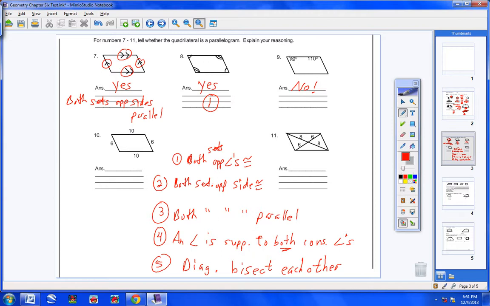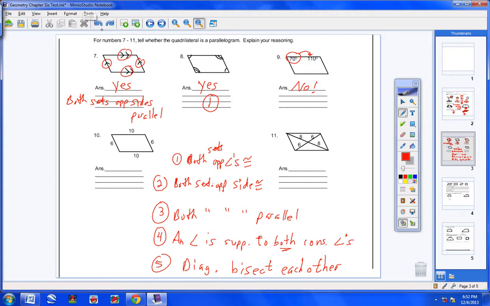So yes, I know this angle is supplementary to this angle, but it has to be supplementary to this angle down here too. So you'd have to have 110 degrees written right here, and we don't. Oh, that's being picky. No, it's not. This right here, you have no idea what this angle is. It could be 108 degrees. You do not know what that angle is right there. Okay? And so because of that, you cannot say for sure this is a parallelogram.